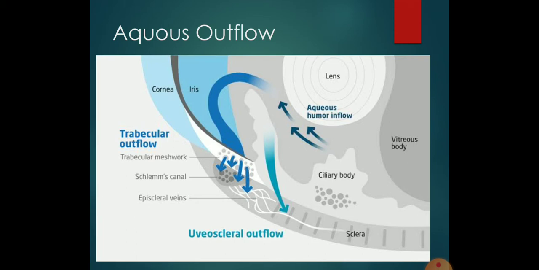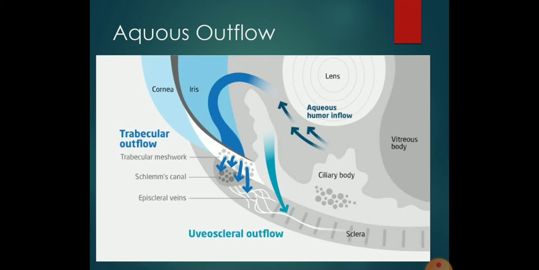As I said, the alpha receptors are responsible for decreased secretion, and betas are for increased secretion. So, you can reduce the secretion of aqueous humor, or you can increase or promote its drainage. These are the two ways by which you can reduce intraocular tension.